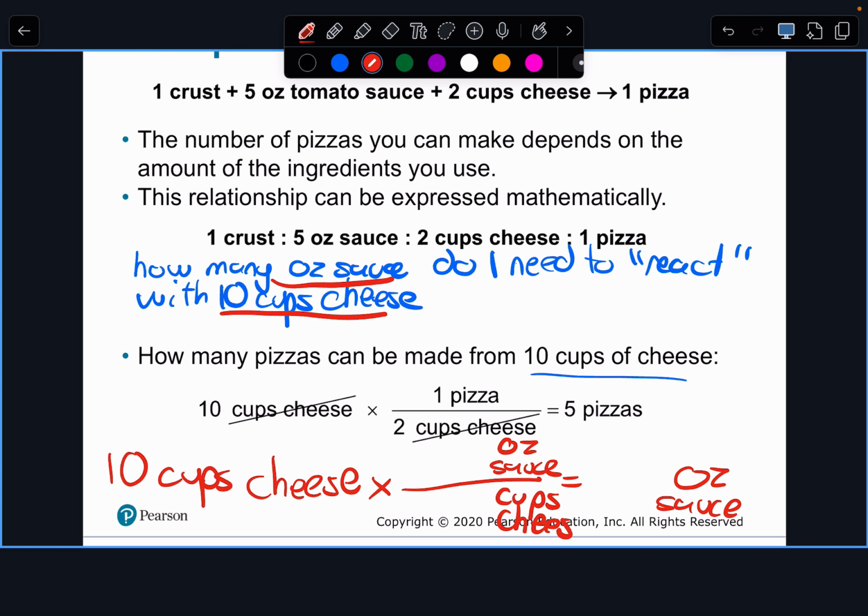And when I have those two together, I'm going to go to the recipe to figure out what that ratio is. 5 ounces for every 2 cups of cheese. So I'm going to put that in my conversion factor. 5 ounces for every 2 cups of cheese. 25. Great.